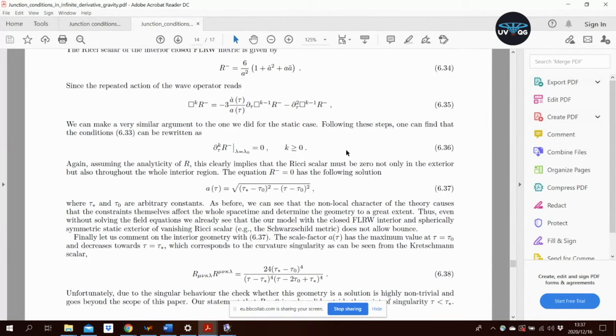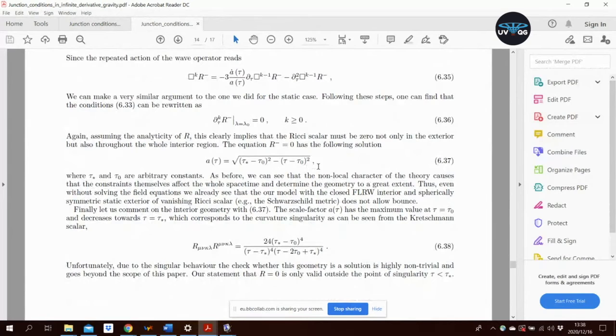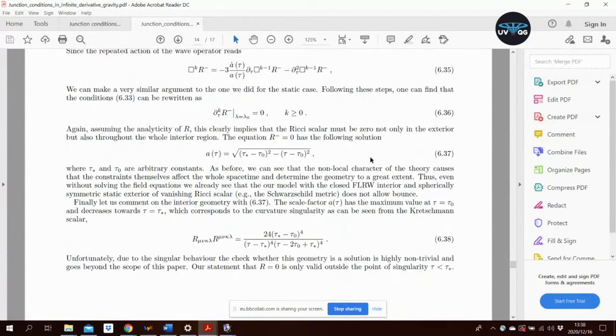And that imposes that you can have only one possible kind of collapse. And that's huge. Only with the junction conditions, we have not solved the field equations yet. Just with the junction conditions, you know that if you want your exterior to be a vanishing Ricci scalar solution, then your interior can only have one kind of collapse. It's already very restricted. So now you can go to the field equations and see if this is a solution.